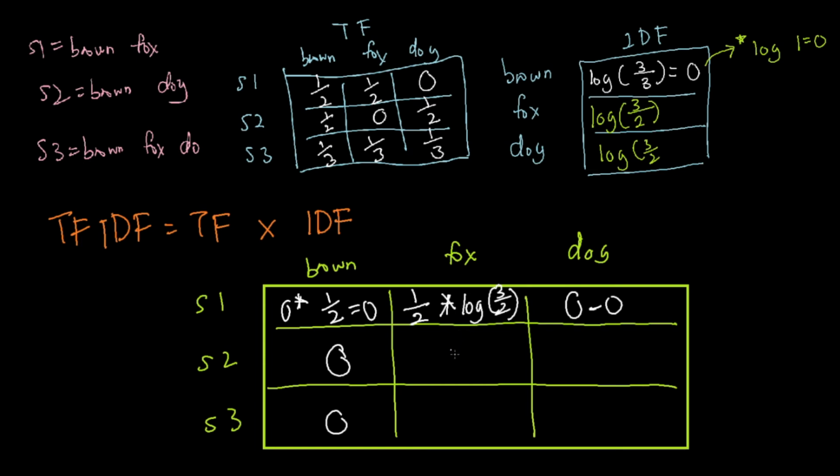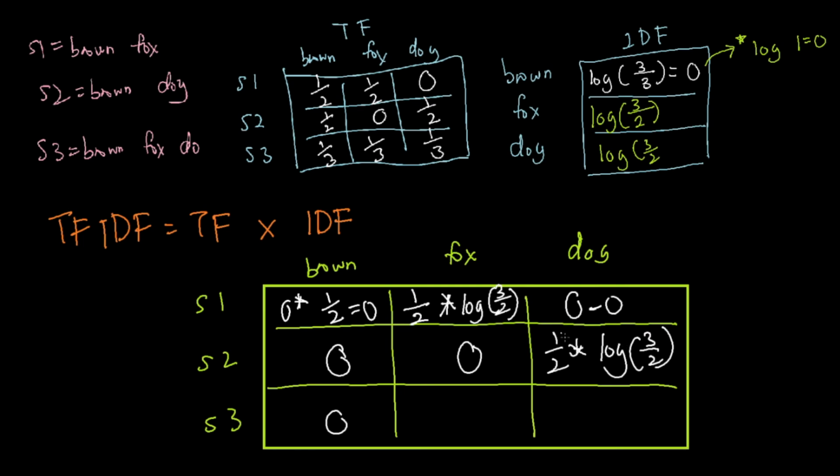So we know that this sentence is about the fox. The same thing happens in sentence 2. There's no fox here, so this is going to be 0, as you can see in the term frequency. As for the dog, the same thing as fox in sentence 1: it will be 1/2 times the log of 3/2, and this will be the TFIDF value for dog.